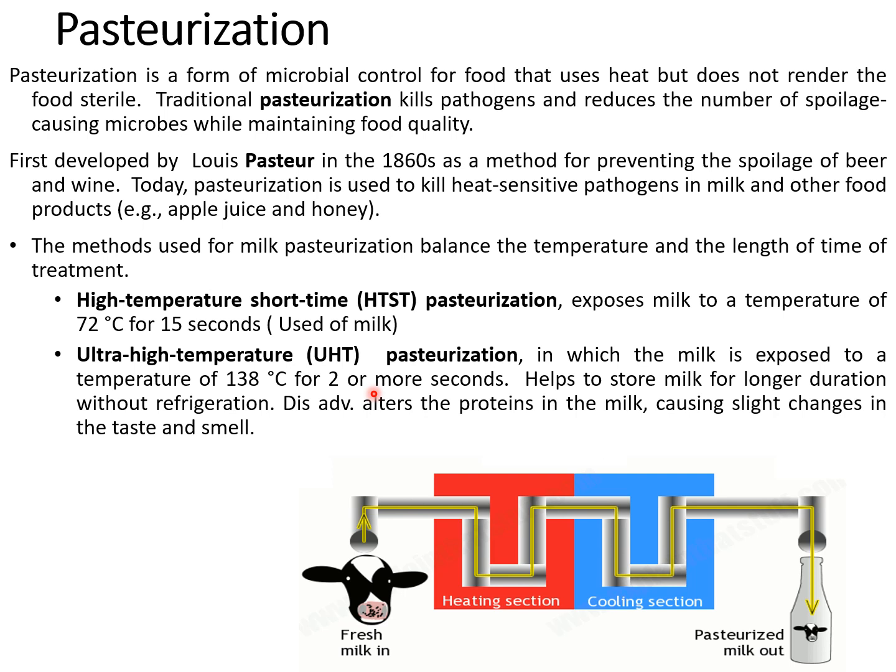This helps to store milk for a longer duration without refrigeration. But the disadvantage is that this is a very high temperature. It can alter the proteins of the milk, so you may find a slight change in the taste and smell of milk.